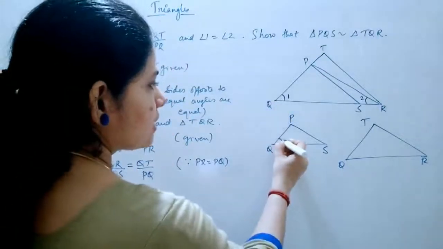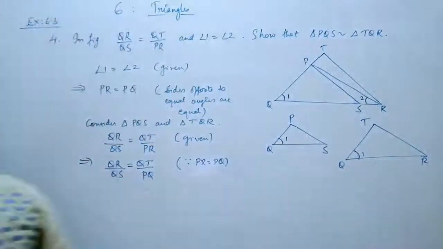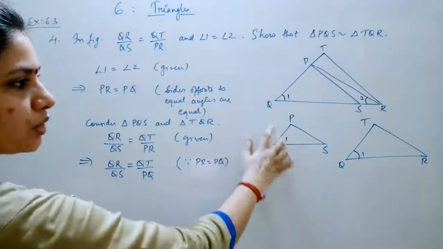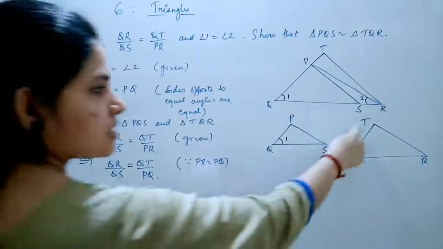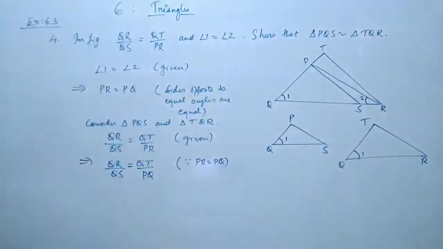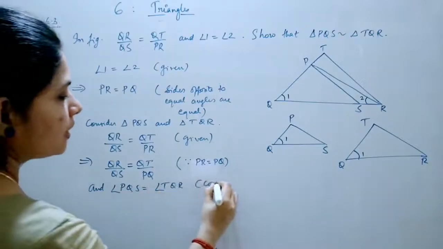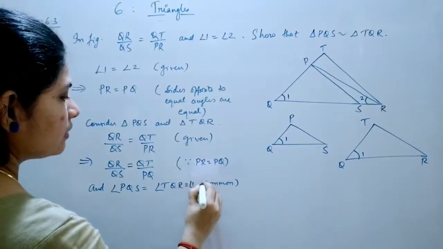So this angle is actually common. This is angle 1. So in both the cases you have angle Q, or you can say angle 1 to be common. And that is the included angle for both the triangles of the sides PQ and QS, and TQ and QR. So you got angle PQS equal to angle TQR, which is common, equal to angle 1.